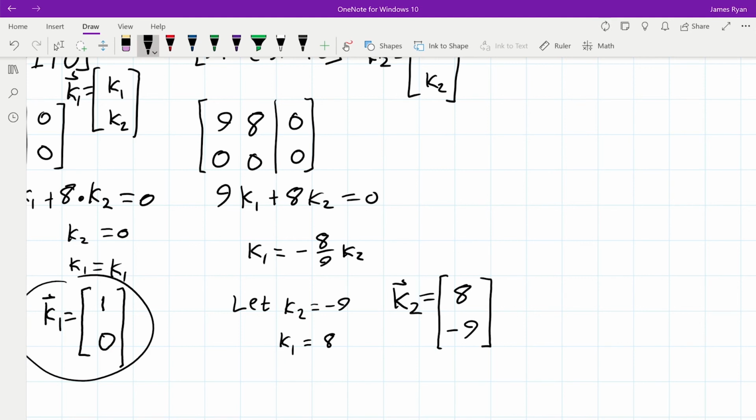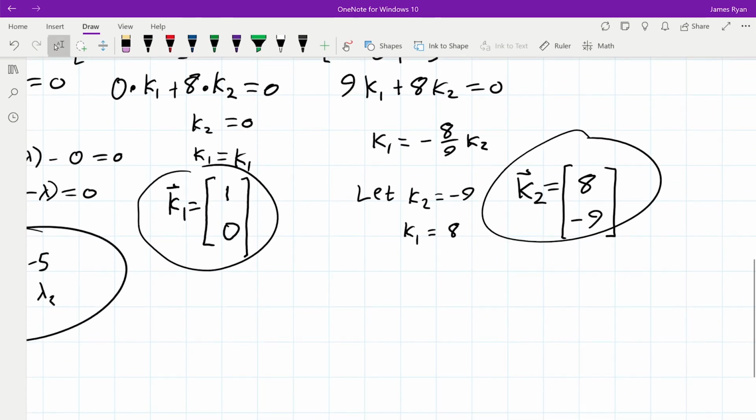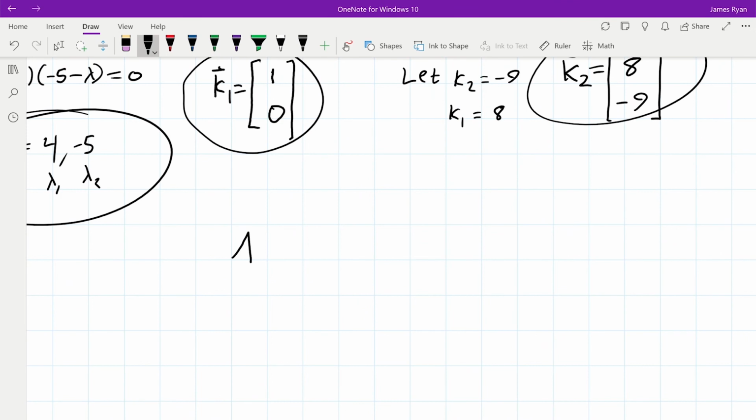So then if we summarize everything at the bottom, A is 4, 8, 0, negative 5.